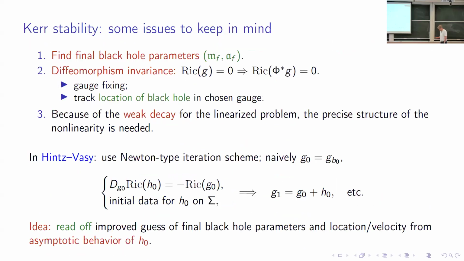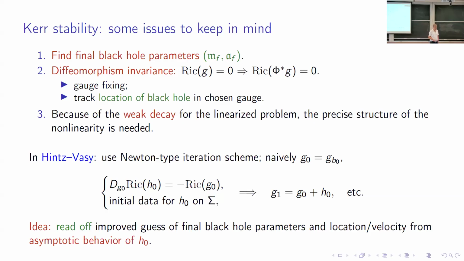So I will only speak about linear stability, but nevertheless, one should keep in mind the nonlinear problem and some issues one has to keep in mind. Of course, one has to find the final black hole parameters. This is one issue. As Michal has already explained in his lectures, we have this diffeomorphism invariance. And this means that there's no preferred gauge.